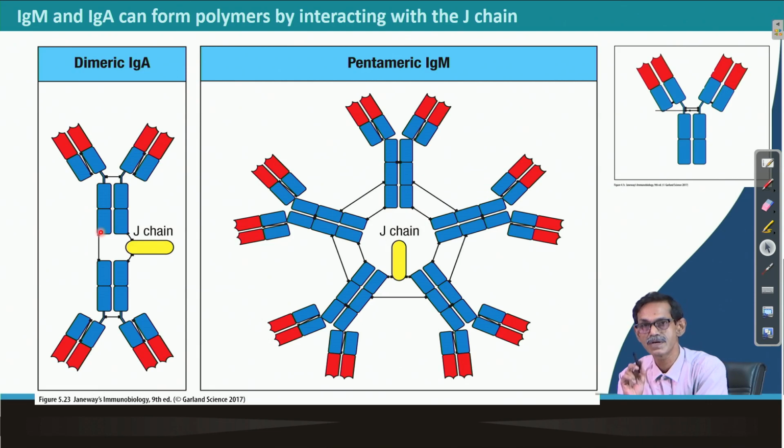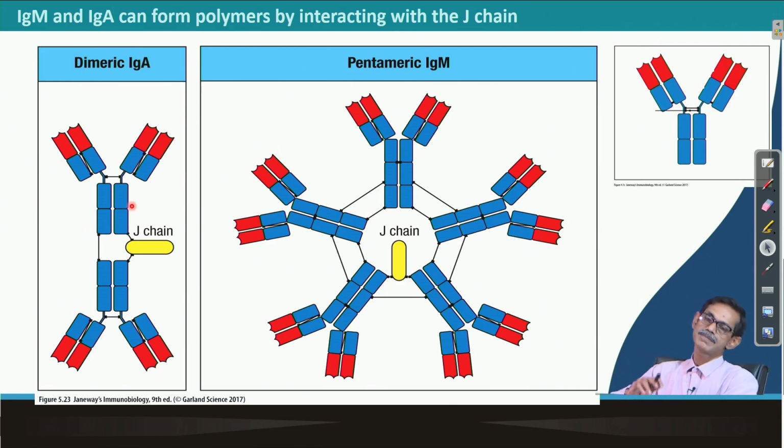So, if you remember what is the valency of antibody, normal IgG valency is 2. What is the valency of IgM? So, IgM valency is 10, because each one can bind 2. So, valency of IgM is 10, valency of IgA is 4, others like IgG all have valency 2.